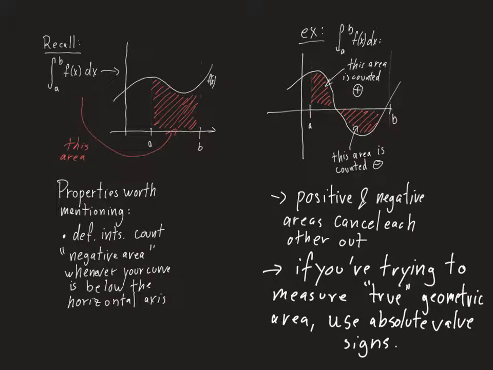Right? So if you're trying to measure true area, you want it to be like in this case over here. This case gives us true area because this function is positive everywhere.